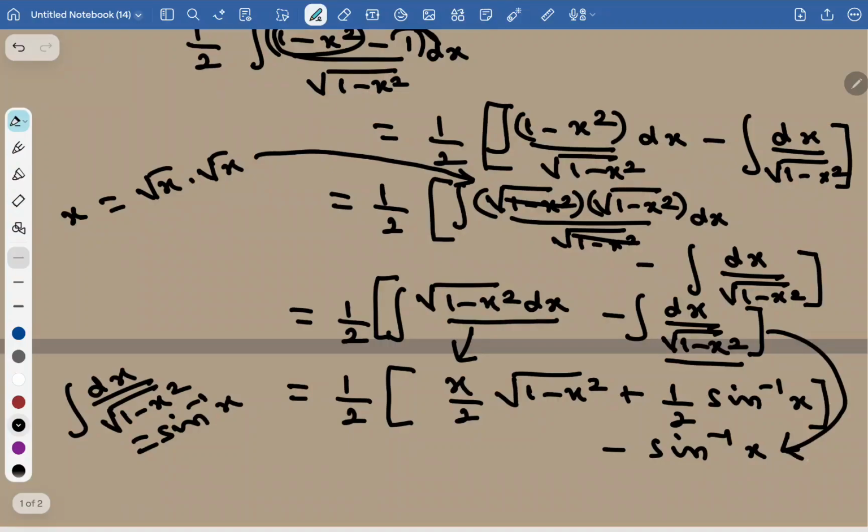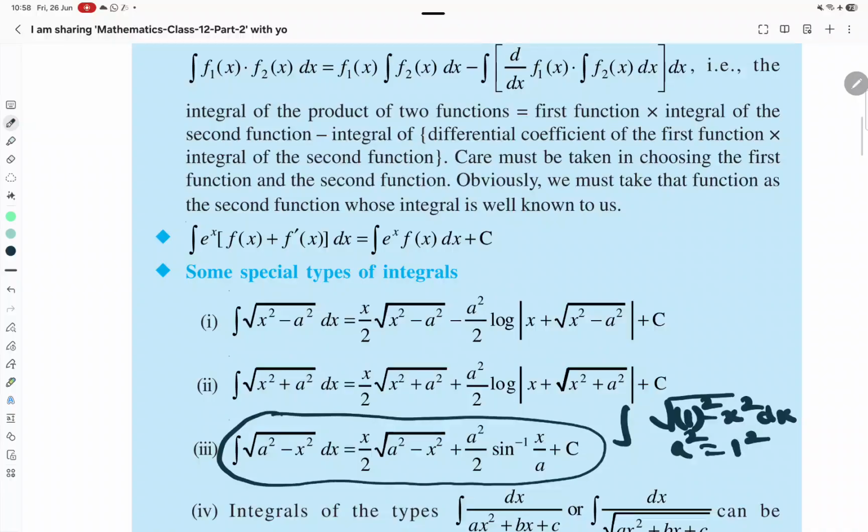For this part, applying the formula, we are getting sine inverse of x. For integral root of 1 minus x square, I am applying the formula x by 2 root of a square minus x square plus a square by 2 sine inverse of x by a.